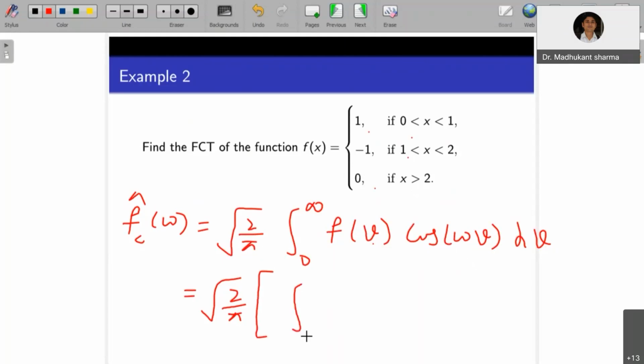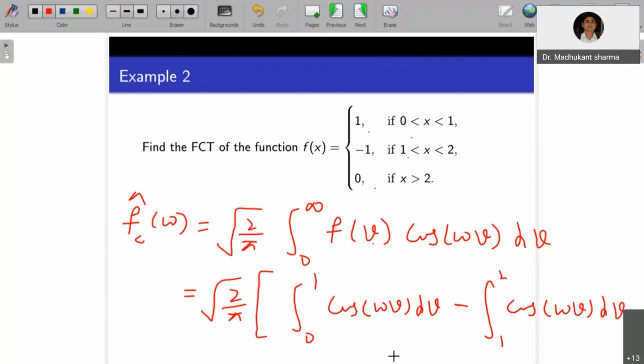So you have integration 0 to 1 cos of wv dv minus integration 1 to 2 cos of wv dv, because of the minus 1. For 2 to infinity it is 0, so there is no need to write that term.